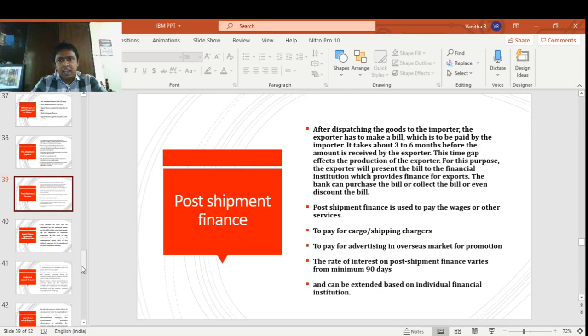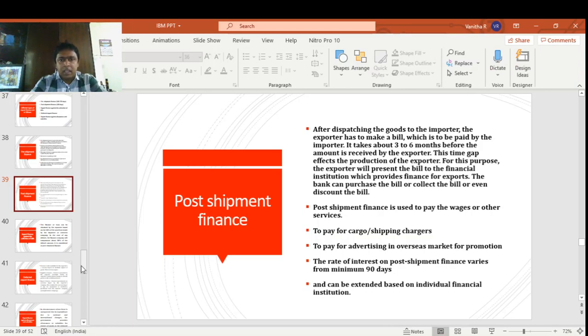It takes about 3 to 6 months before the amount is received by the exporter. This period of time definitely affects the production of the exporter. For this purpose, the exporter will present the bill to the financial institution which provides finance for exporters.